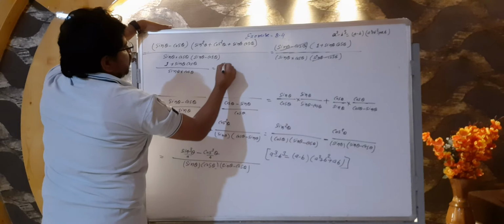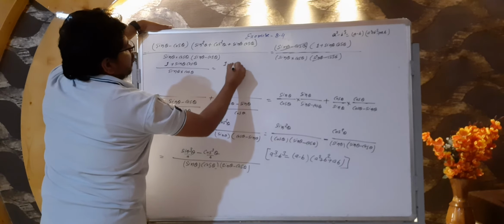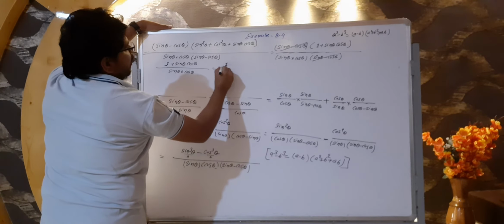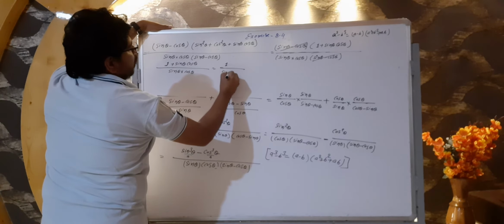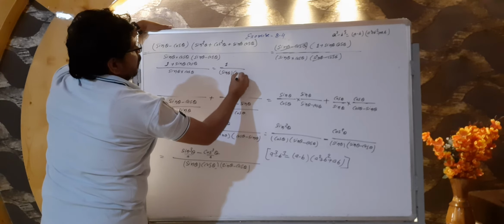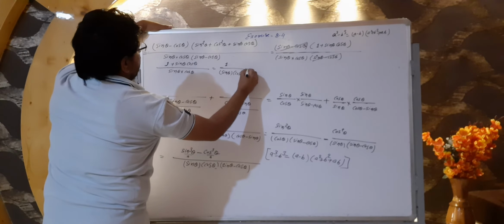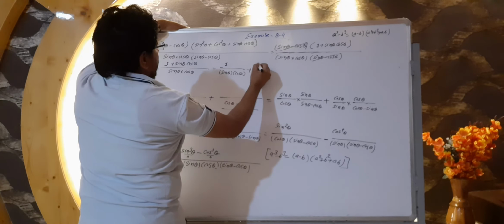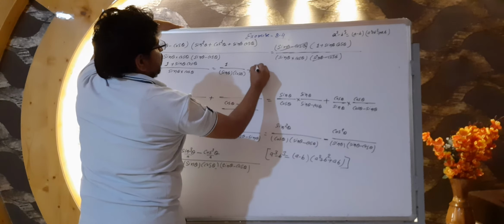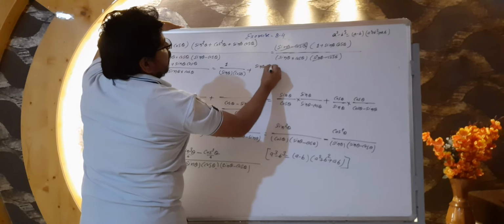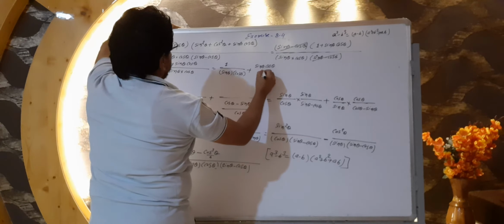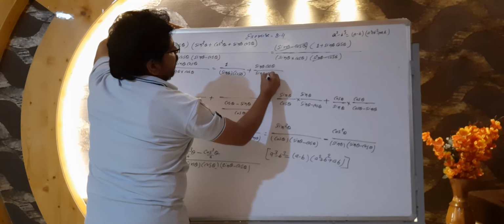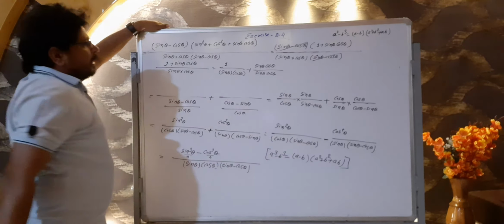Or we can also write it like this: 1 upon sin theta cos theta plus sin theta cos theta upon sin theta cos theta. Now guys, what will happen?